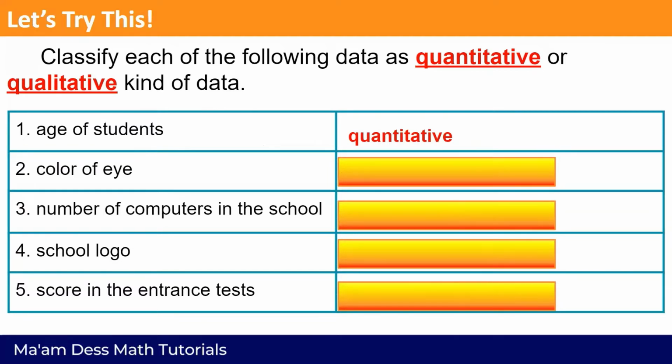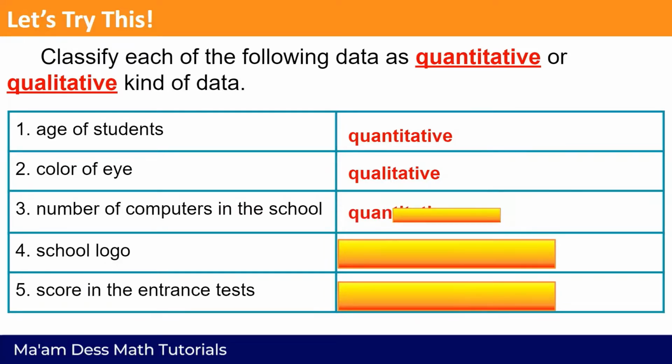Next, color of eye. We have different colors of eyes, so it is qualitative. Next, number of computers in the school. We can count it, therefore it is a quantitative data.